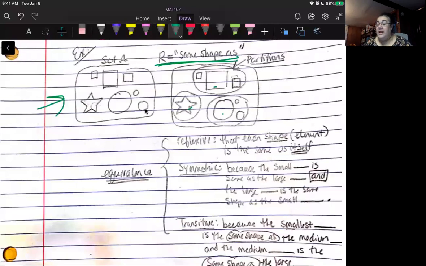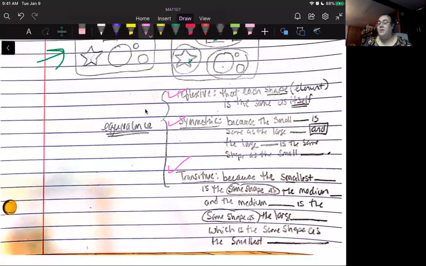And we'd end up with those partitions because this relation fulfills all the requirements of being reflexive, symmetric, and transitive. You can see here the explanations as to why. So it would definitely be an equivalence relation.